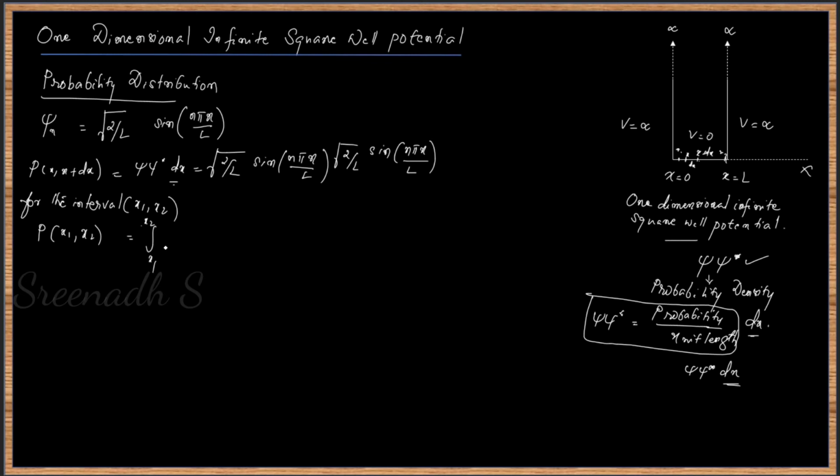Square root of 2 by L sine n pi x by L, into square root of 2 by L sine n pi x by L, into dx. So for dx distance the probability is psi star dx, which we have written.